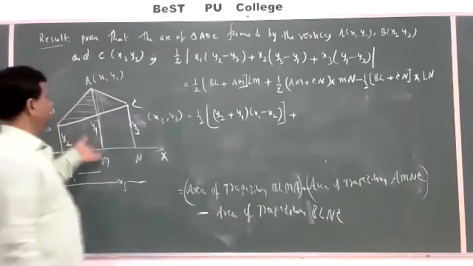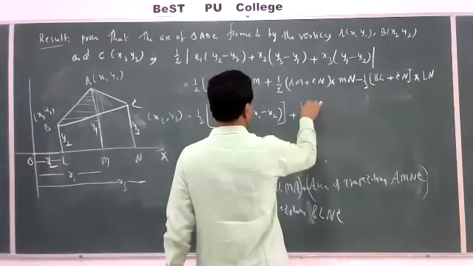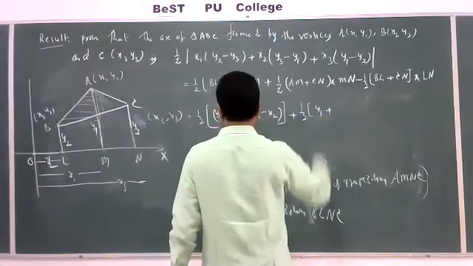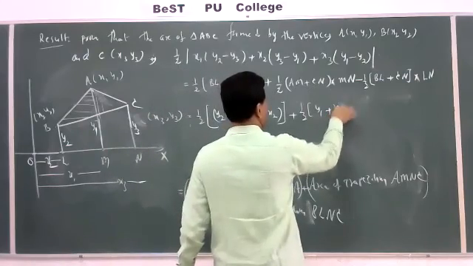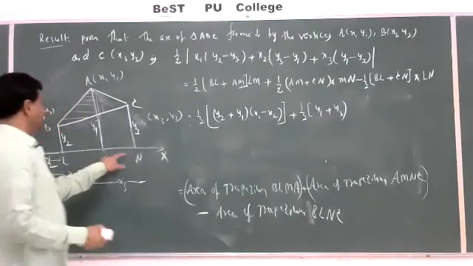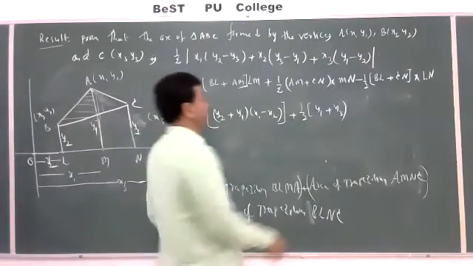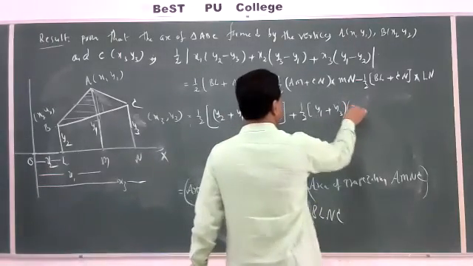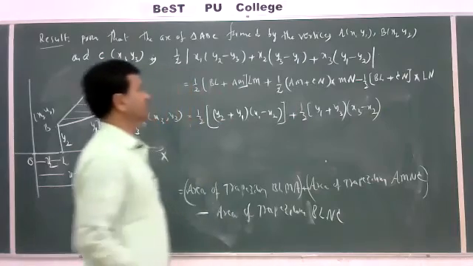AM, once again, is y1. So 1 by 2 into y1 plus CN, which is y3, into MN. MN means ON minus OM, which is x3 minus x2.